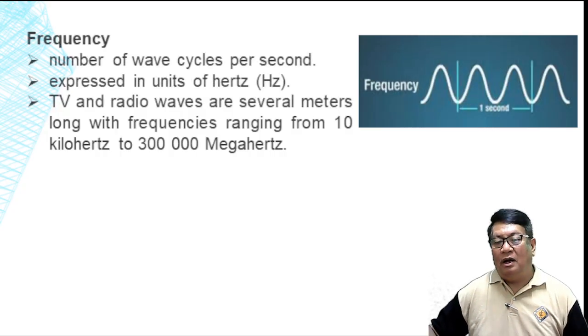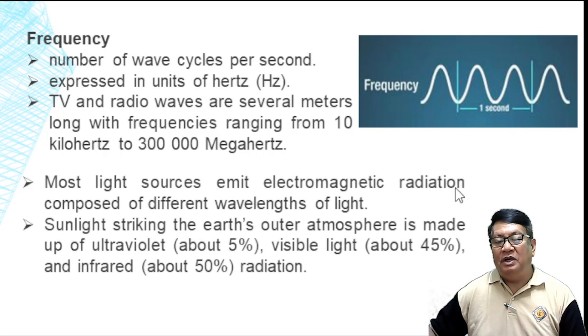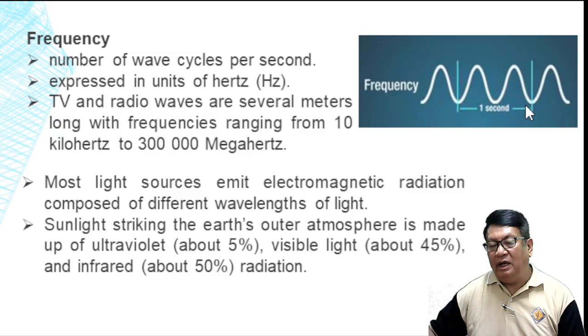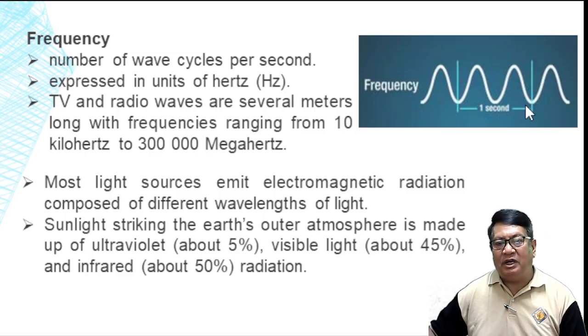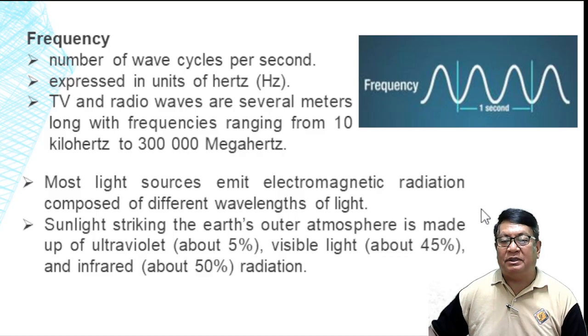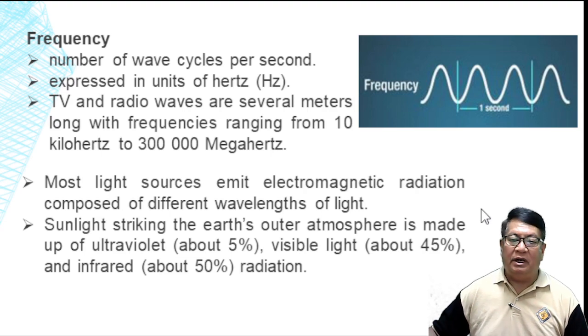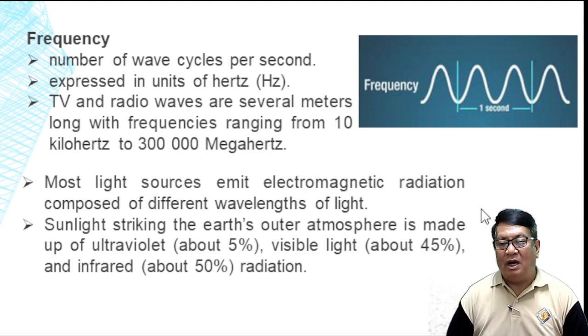We also have frequency, which is the number of wave cycles per second. For example, if these two cycles are done within 1 second, then we have 2 cycles per second, which we can say is 2 hertz. Television and radio waves are several meters long with frequencies ranging from 10 kilohertz to 300,000 megahertz.